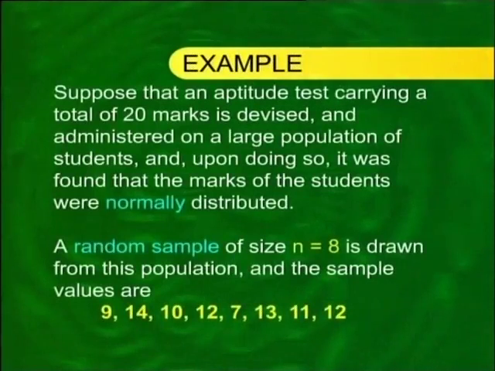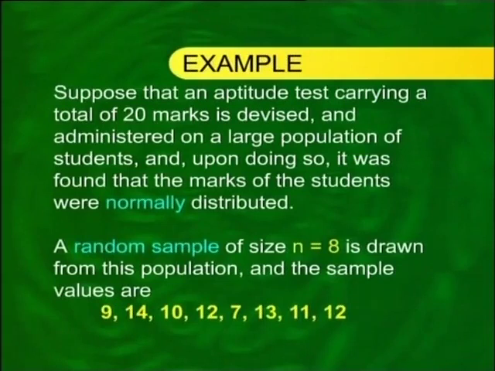Suppose that an aptitude test has been devised in such a way that it carries a total of 20 marks, and suppose that this test is administered on a large population of students, and when the result comes out, we find that the marks of the students are normally distributed.